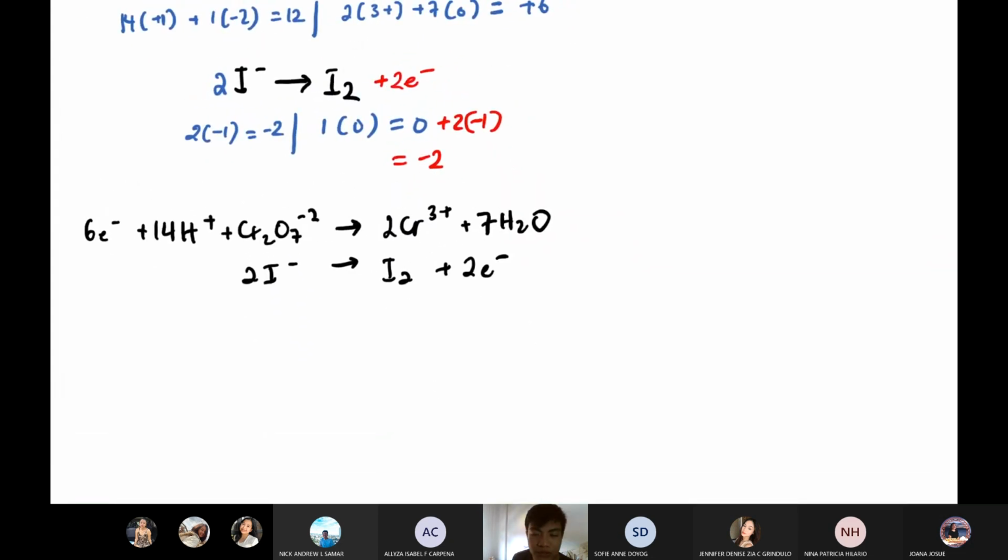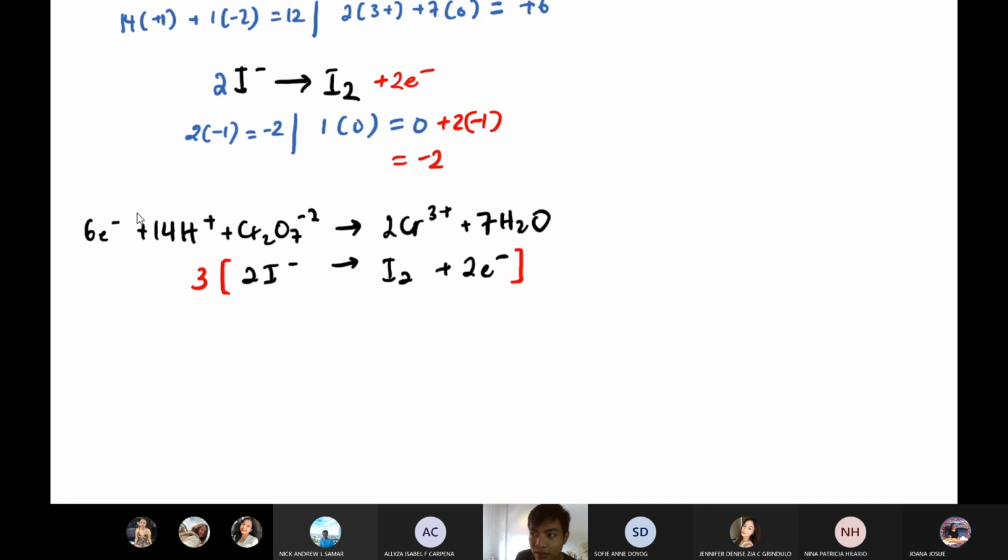Before you combine them, make sure that the electrons are balanced. 6 here, 2 there. The LCM is 6. So the LCM is still 6. I'll just multiply this by 3 to make it 6 electrons. If you made it 12, that's okay, you just need to reduce it again. So it's still 6.